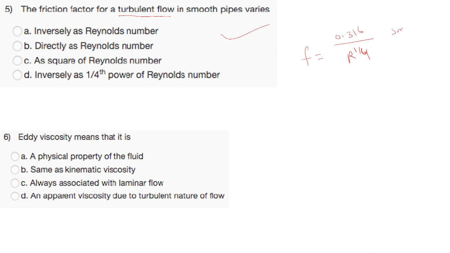For smooth pipe, turbulent flow, not rough here, I am not talking about rough, 1 by 4. So option number D is correct for that.